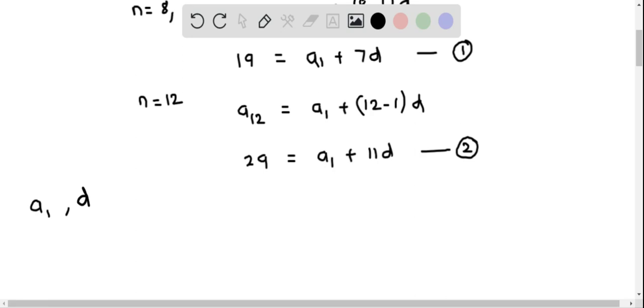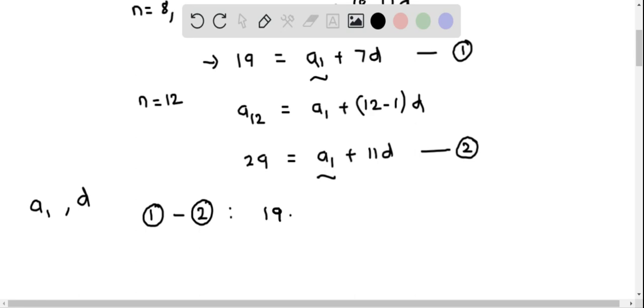Observe that in both equations 1 and 2, we have this a1 term as well as this a1 term. And this means we can simply do the subtraction. So I'm going to do the subtraction of equation 1 minus equation 2. I have to do the subtraction of both sides. On the left side of equation 1, we have 19.